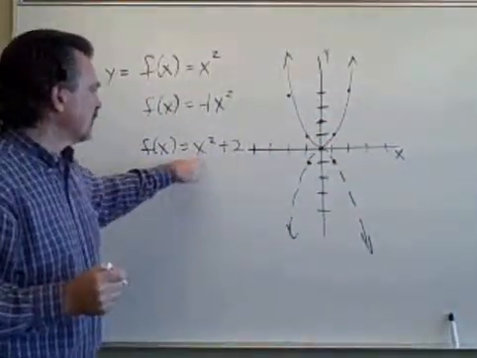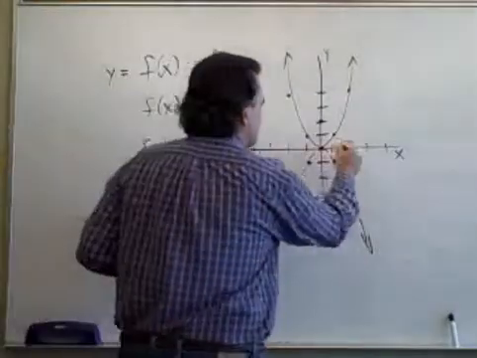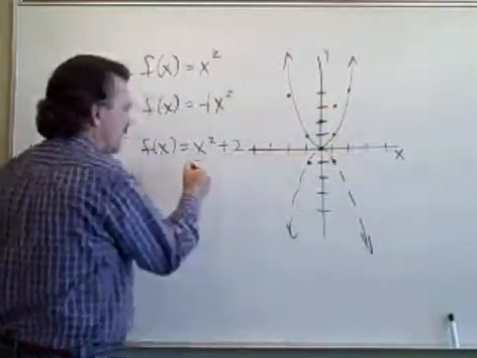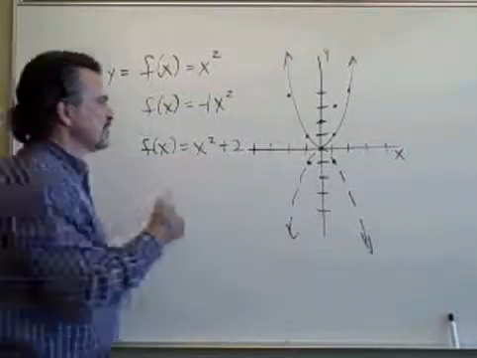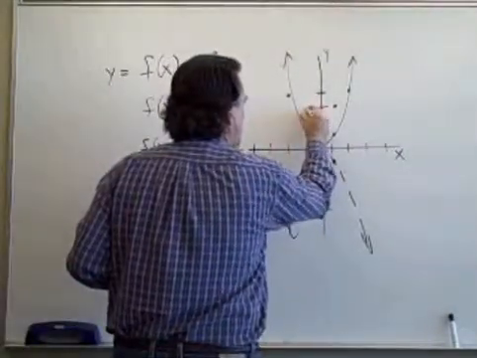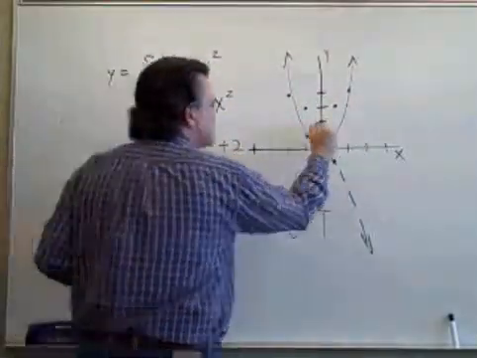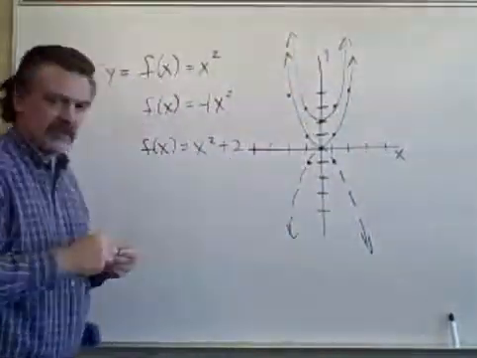When x is 1, 1 squared is 1, 1 plus 2 is 3. So when x is 1, the function's value here is at 3. And likewise, that would be true if x is negative 1. The square of negative 1 is 1, 1 plus 2 is 3. And each of those points is simply moved up 2. So the function's graph looks like this.